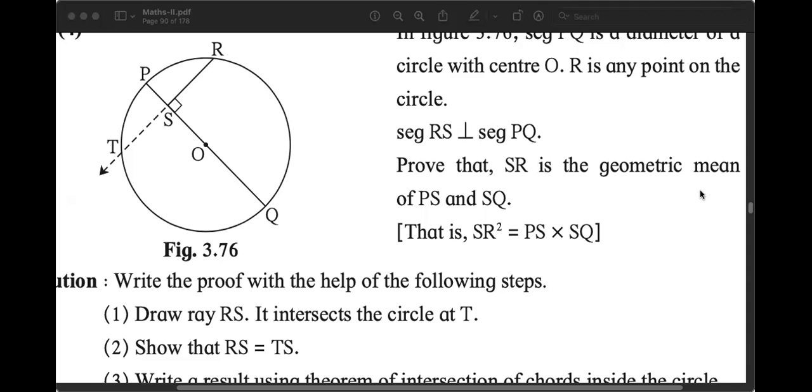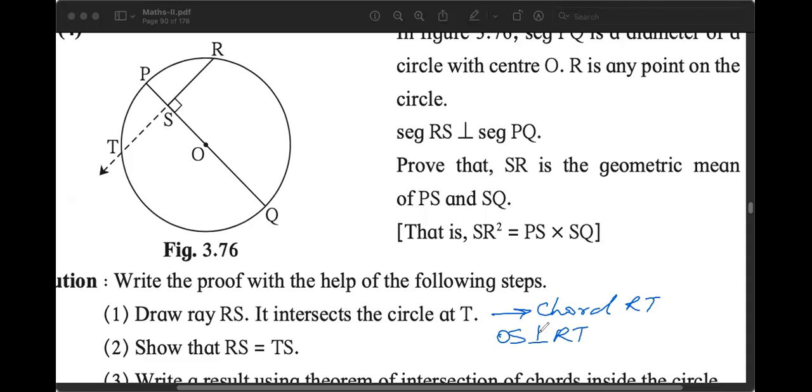Extend RS to intersect the circle at T. When we do that, we have a chord RT. And we have a situation where OS is perpendicular to RT.